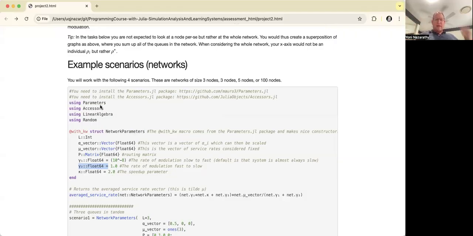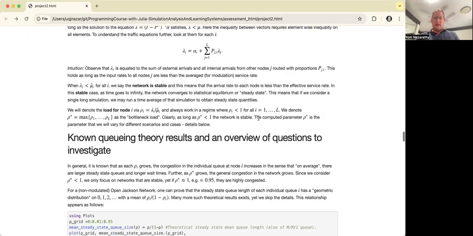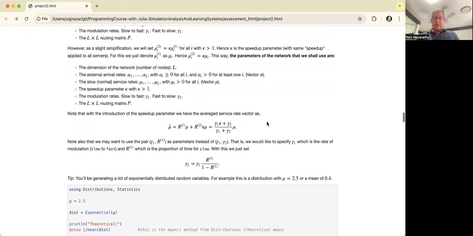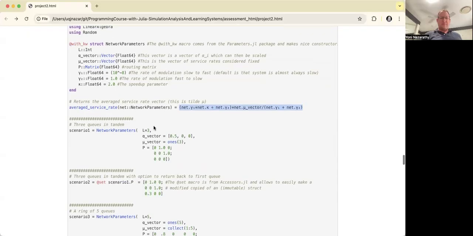We're using these packages, Parameters and Accessors, that give you keyword arguments, an easy way to construct such a struct. You'll see this in a second. There's also a function, average service rate, that's this mu tilde, which is just a helper one-line function for computing it.